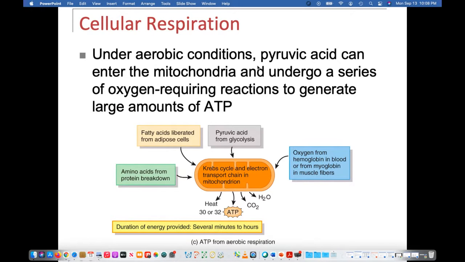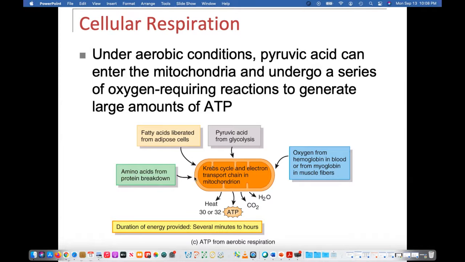Under aerobic conditions, meaning you have oxygen available, pyruvic acid can enter the mitochondria and undergo a series of oxygen-requiring reactions to generate energy. So pyruvic acid from glycolysis can enter the Krebs cycle. Fatty acids, triglycerides can be shuttled here for fuel.